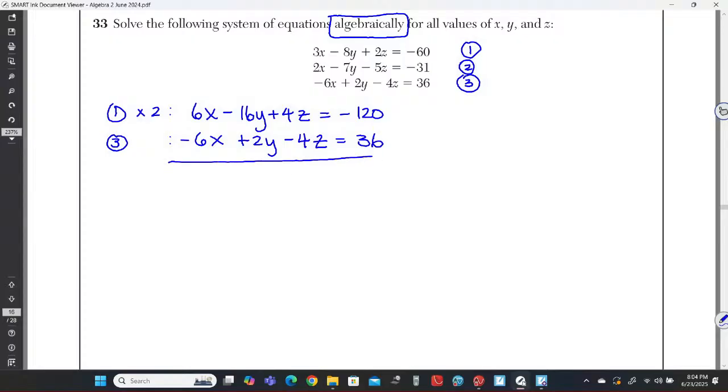And the beautiful thing is when I add these 2 equations together, the x's and the z's cancel. I get negative 14y is equal to negative 84, and then just divide both sides by negative 14, and that gives me y is equal to 6.